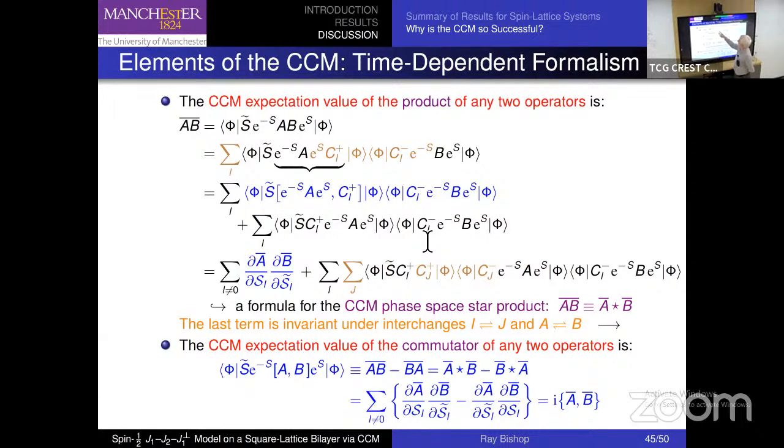And then I've just got e to the S and e to the minus S. So what I've inserted here is the unit operator. Now on this guy, I'm going to replace this term, e to the minus S, A, e to the S, and c_i dagger. I'm first going to replace it by its commutator, for reasons that you will see in just a second, but that's not correct. I've got to re-add the bit that was not in the commutator. So that's the commutator plus the bit that wasn't there.